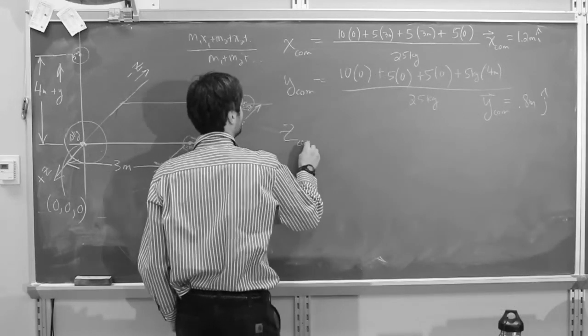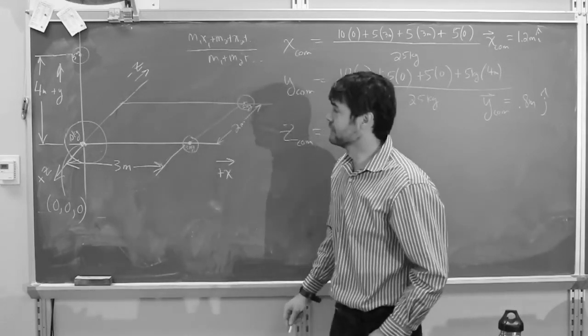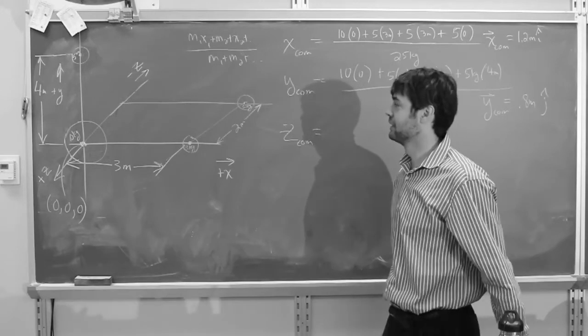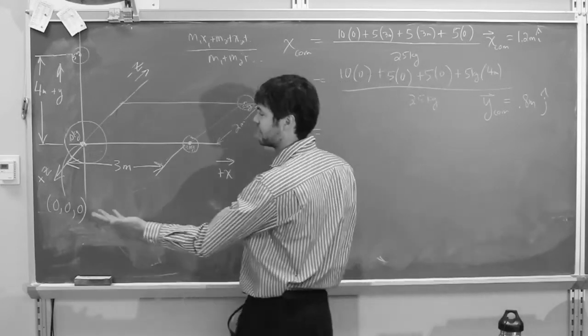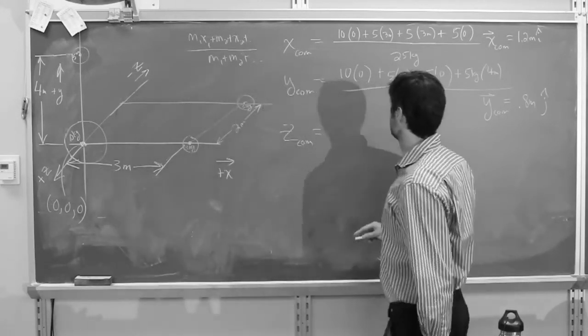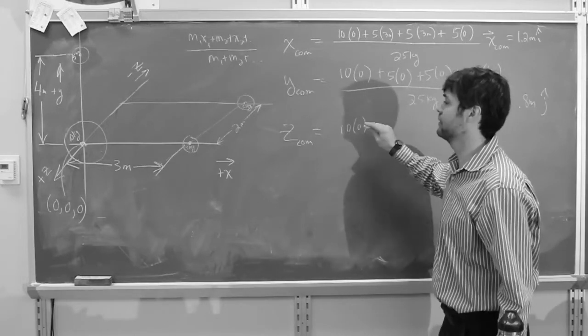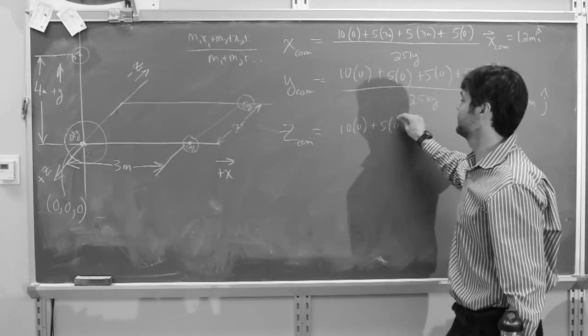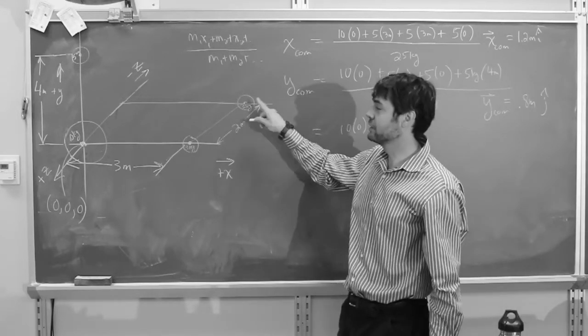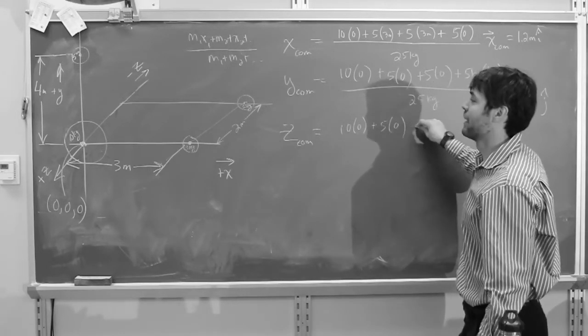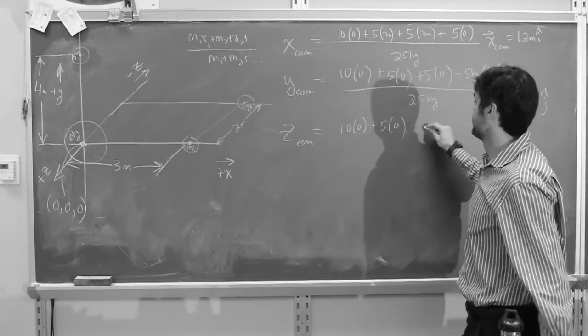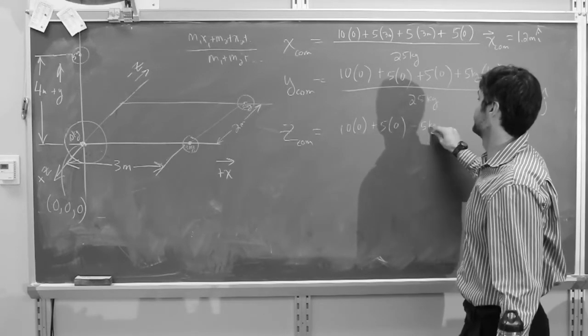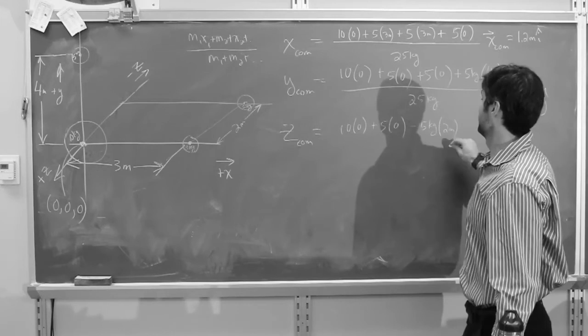And then we have z-com. And you can pretty much see that only one of these is in the z direction. I'll write it out anyway. So that's going to be 10 times 0. This one has no z direction, so that's 5 times 0. This one does. It's going to be minus, it's back, 5 kilograms times 2 meters.